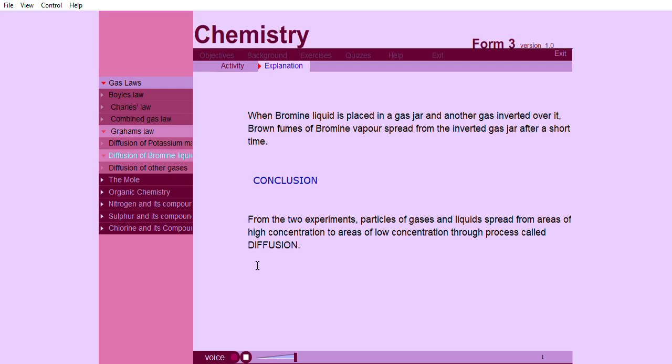Conclusion: from the two experiments, particles of gases and liquids spread from areas of high concentration to areas of low concentration through the process called diffusion.